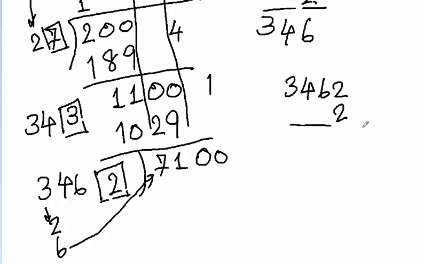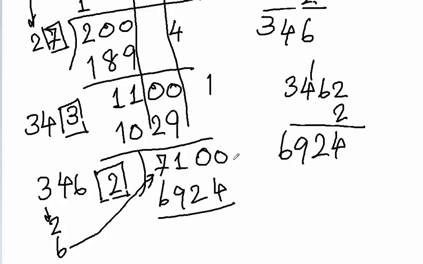2 times 2 will become 4, 2 times 346 is 692, and after subtraction, 701. Okay, and here we go.